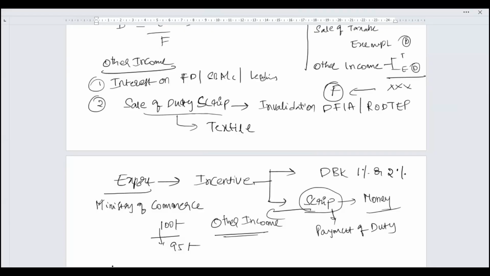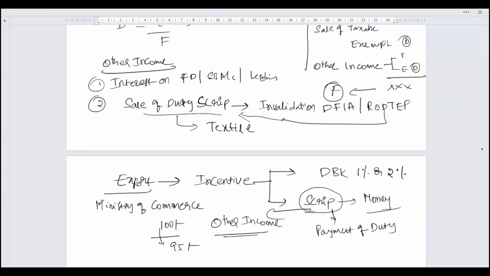If they import, my manufacture becomes costly. The shirt which I manufacture in India, I sell for 500 to 600. But the same shirt, if I export, I can fetch 1,000 rupees. So they procure in India, they manufacture in India, they export out of India. That particular business, I get this RODTEP script, called this duty-free script.